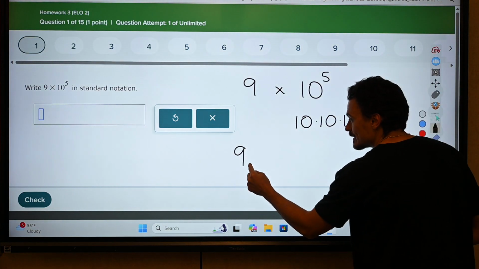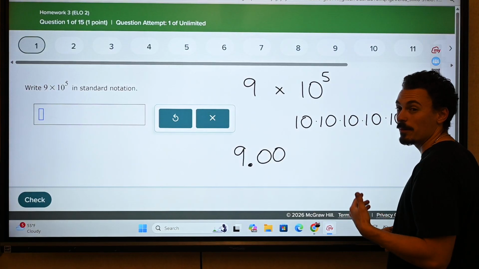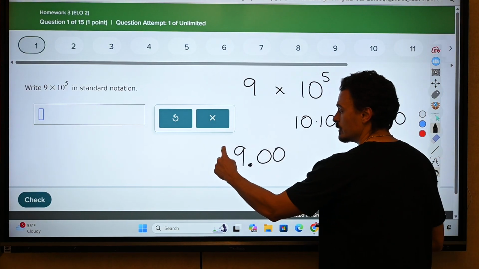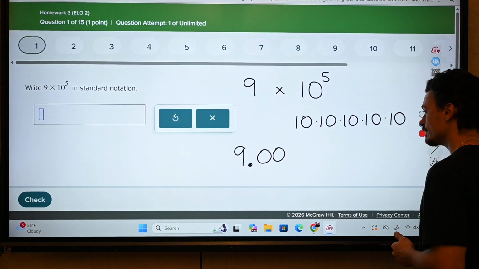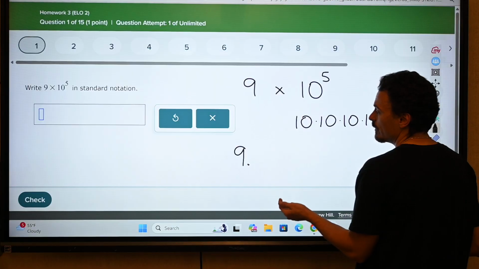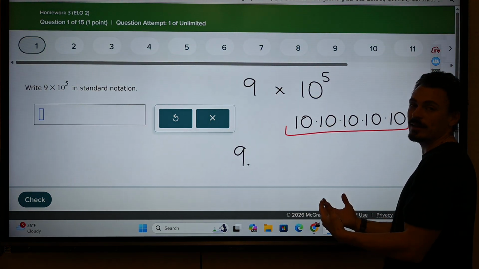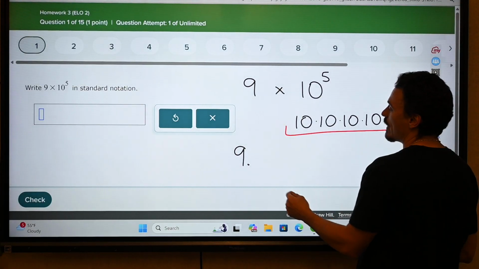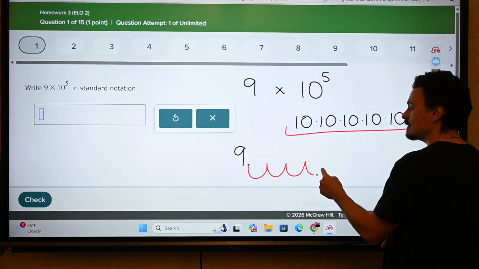So all that does is it takes the decimal in 9, which is 9.00, by the way. If I was talking about money, $9 would be $9.00. So the decimal's here, and all I'm doing is taking how many tens I have and multiplying that number by that many tens. So here I'm doing 5 tens, times 10 times 10 times 10, 10, 10.